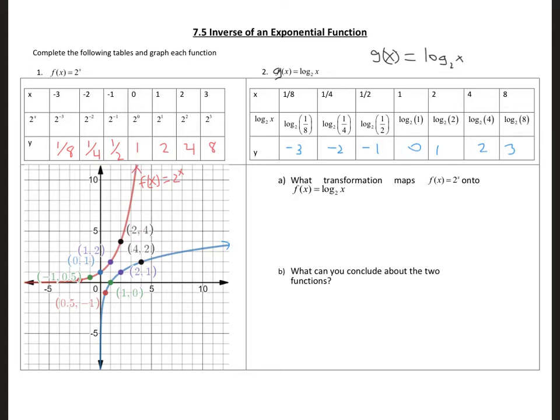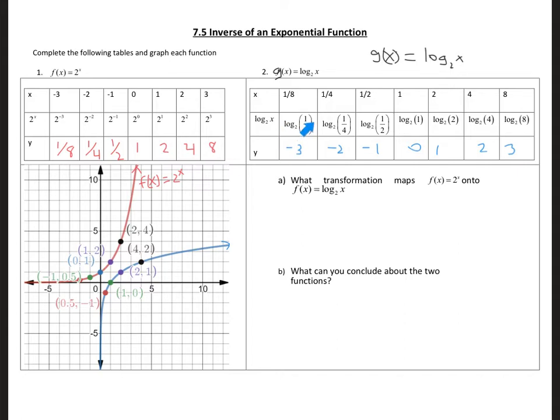And then I went ahead and graphed the function g of x. You can see the domain I used and the y values I got. And from what you see, these are convenient values where I will be able to evaluate the logarithm without using a calculator.